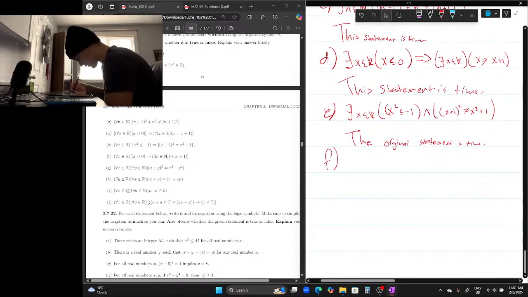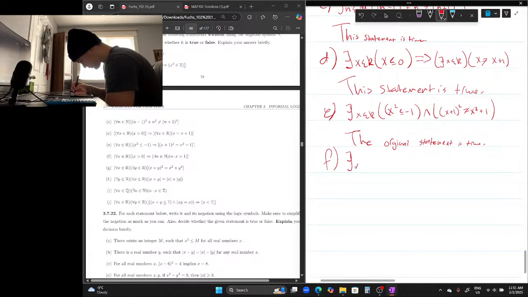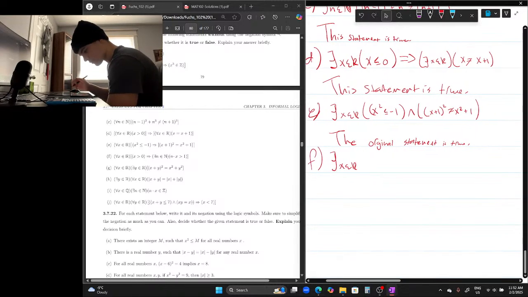F. There exists an X in R such that, so again, this is the entire statement.